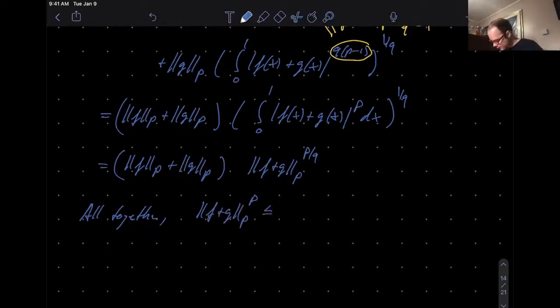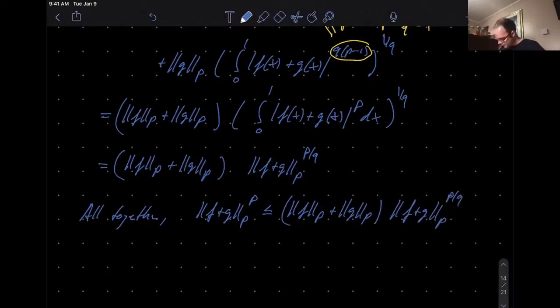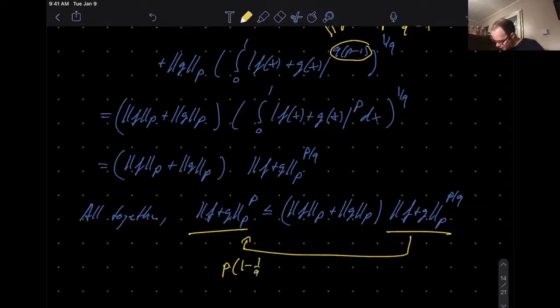It is less than or equal to the p norm of f plus the p norm of g, times this quantity, the p norm of f plus g to the power p over q. You combine these two terms and bring this to the left, so the exponent becomes p times 1 minus 1 over q, because you have to divide to get it to the left. But this is precisely 1.